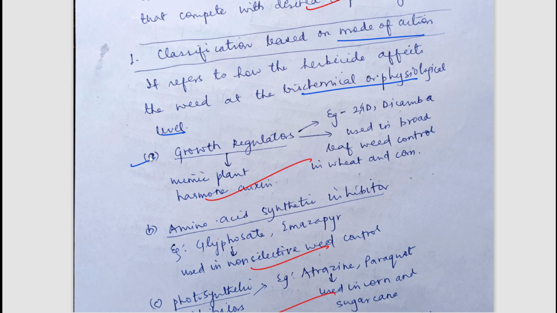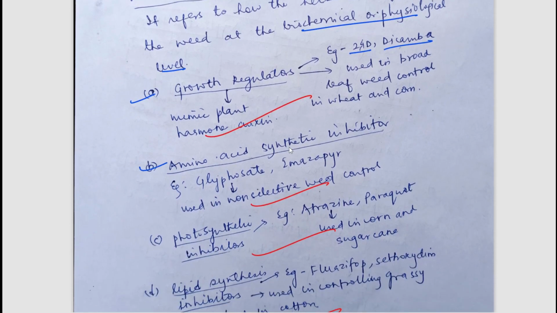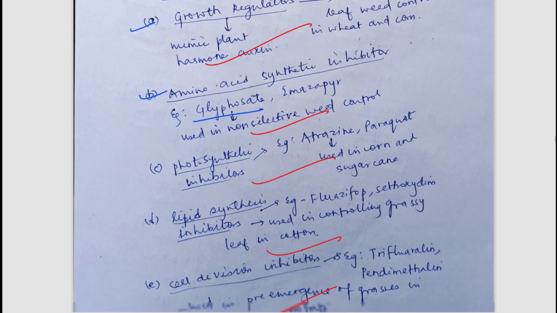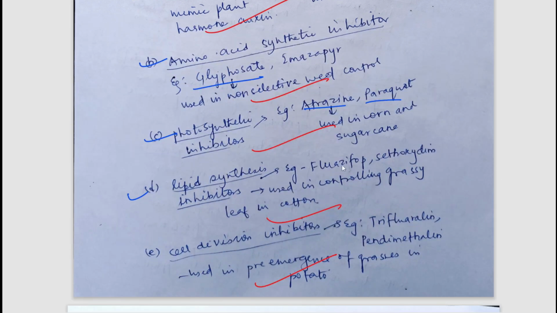It could be growth regulators, for example 2,4-D and dicamba. It could be amino acid synthesis inhibitors such as glyphosate. It could be photosynthetic inhibitors such as atrazine and paraquat. It could be lipid synthesis inhibitors such as fluazifop.